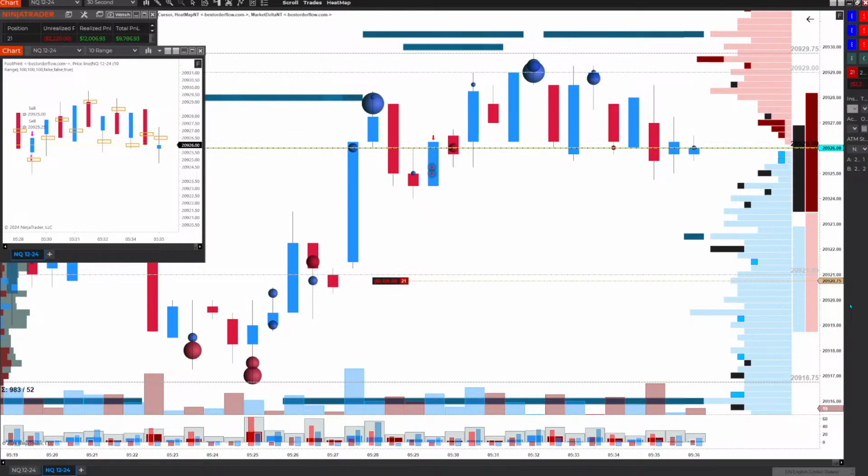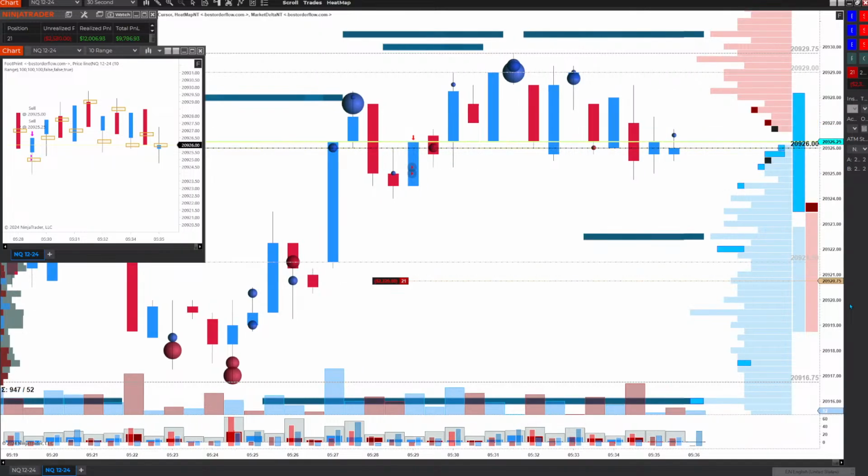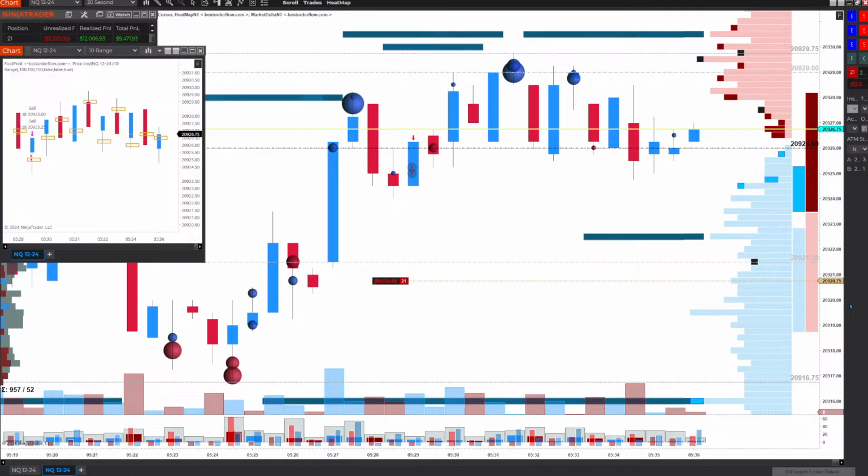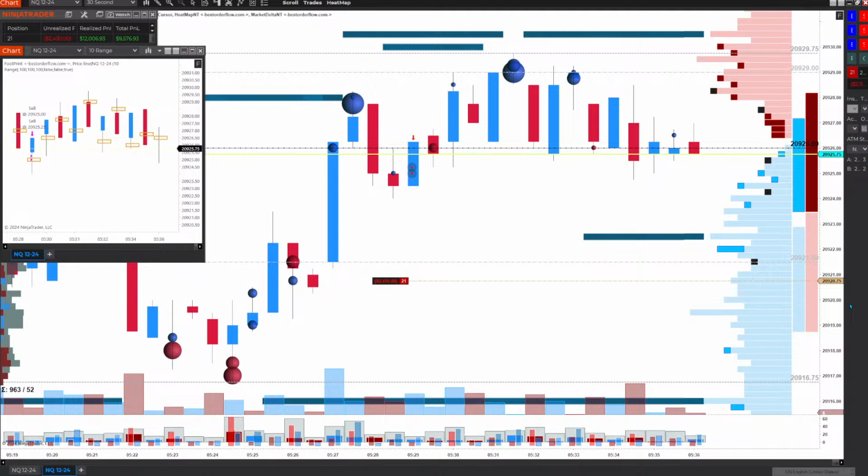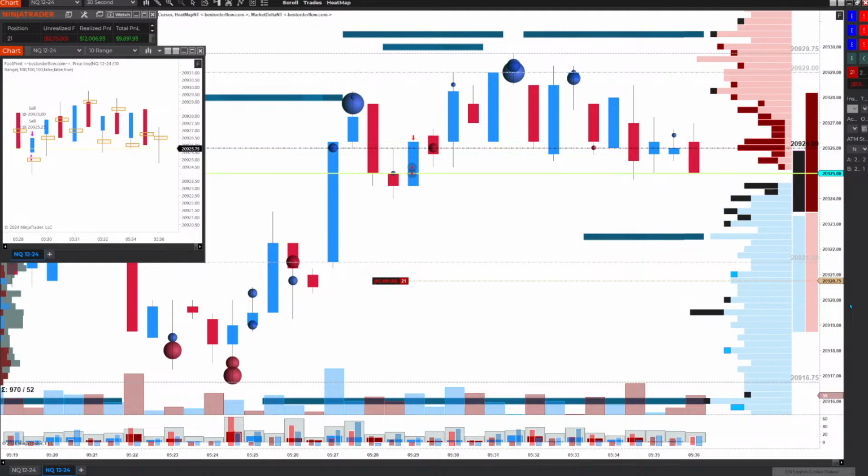You see the candle body is getting small. That is a really good sign. Because before price extends in one direction, it usually is preceded by smaller candle bodies, and now it's actually turning into the red.